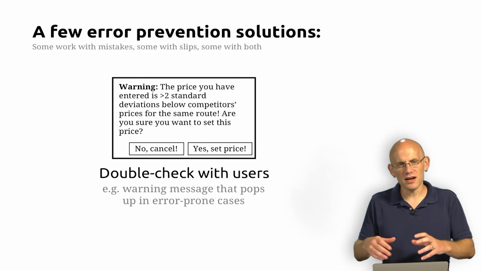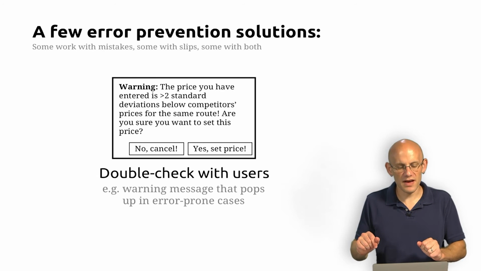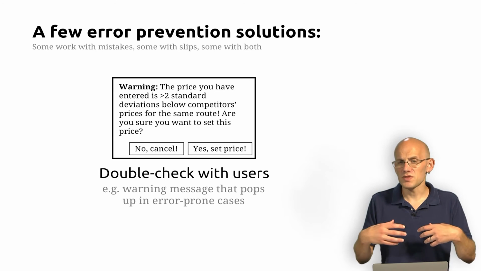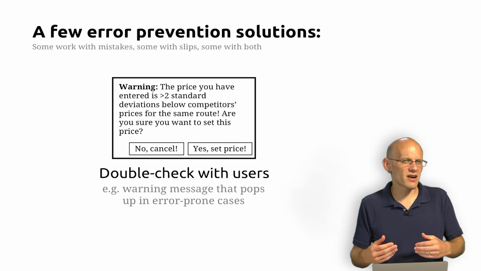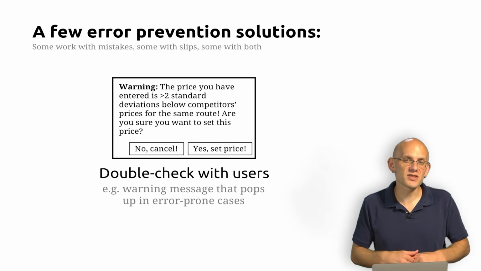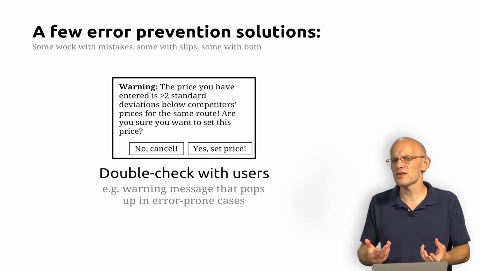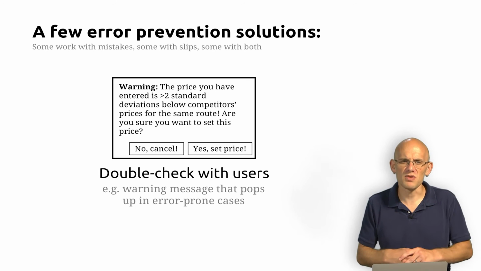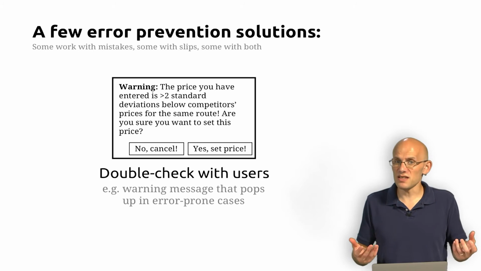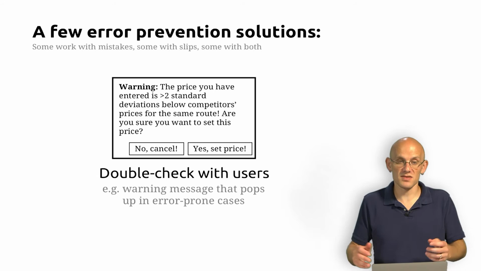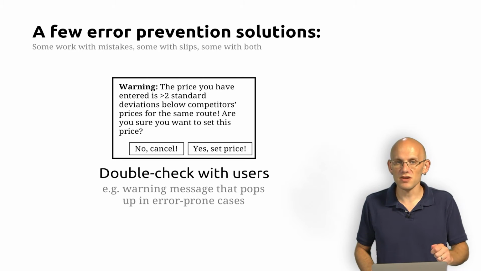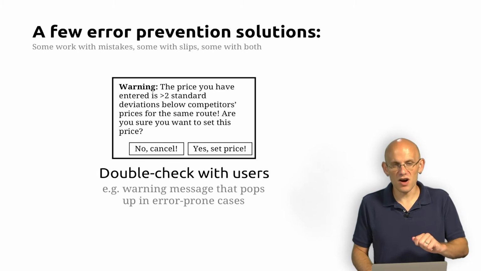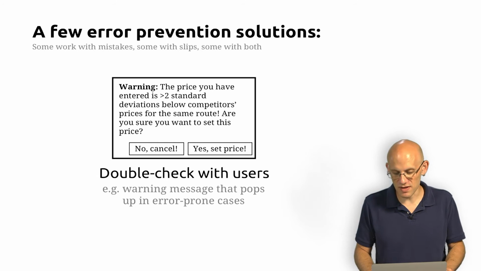When the Delta Airlines employee is typing in a $64 fare, your system might have some code that would pop up a message that says, you know what, your fare is more than 2 standard deviations below your competitors right now. Are you really sure you want to do that? In some cases, they might say yes if there's a sale, right? But in most cases, they'll say, oh no, that was a slip. I didn't mean to do that, right? So double checking with the users is a great way to solve problems associated with this particular heuristic.